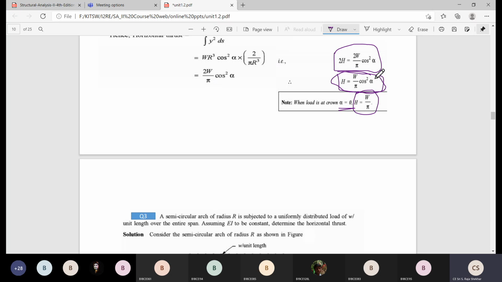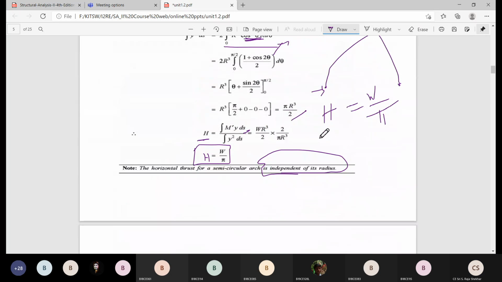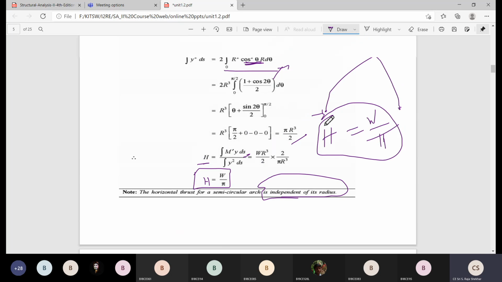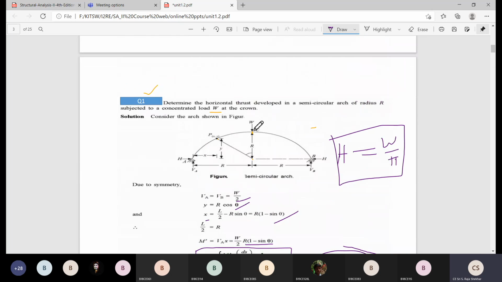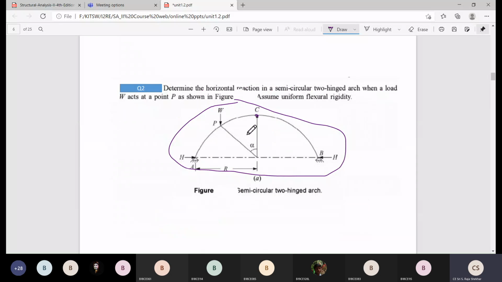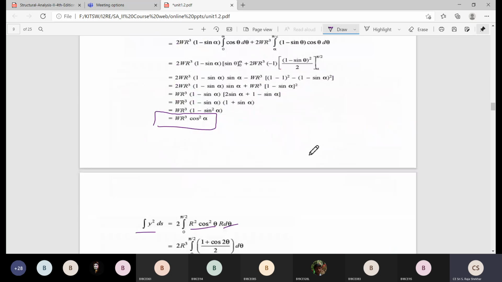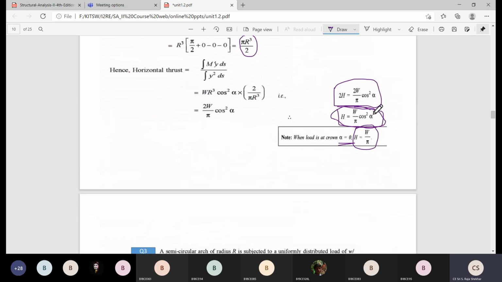The derivations are not that important, but you remember these formulas. H is equal to w by pi when a point load is acting at the crown of the semicircular arch. If a point load is acting anywhere in the segmental arch and the angle between the point and the crown is alpha, then h is equal to w by pi cos square alpha.